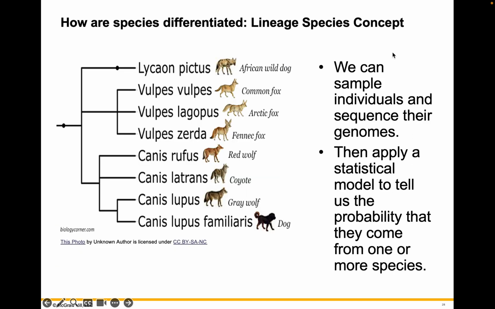And there should also be a genetic basis for having different independent gene pools on the level of species differences. So what exactly a species is something that biologists are still working to define. There's not a clear-cut answer, which I think is pretty fascinating, given that we think of it as being something very basic.